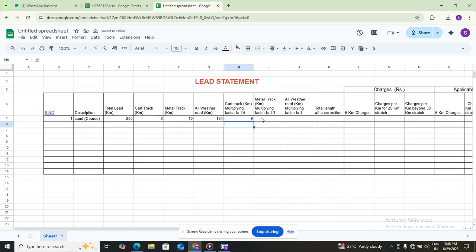Same for the metal road: the distance is 10 kilometers into the factor 1.3. The all weather road factor is 1, so we consider it the same. Total length after correction: what is the total length?